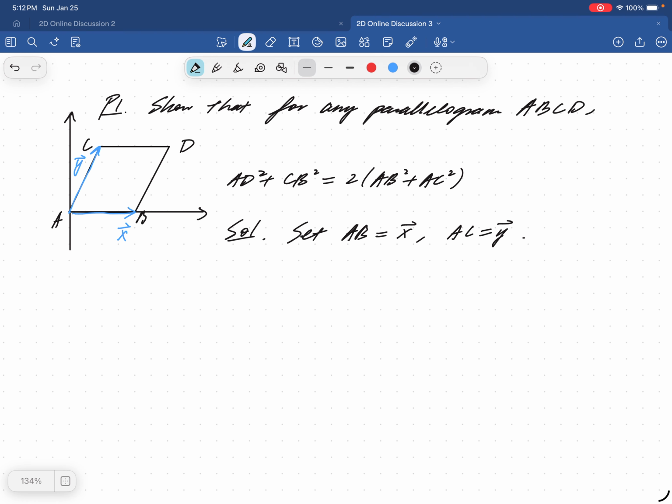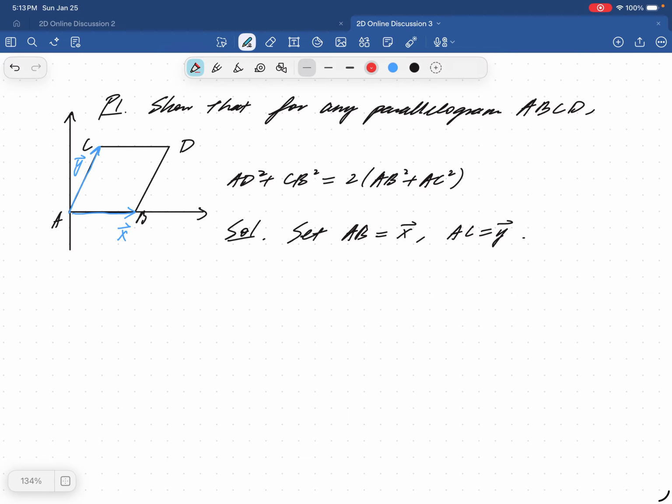And then how can we express our two diagonals, AD and BC, in terms of these two vectors? Notice that by the rule of vector addition, the way to add our two vectors x and y is tip to tail. So what is x plus y?